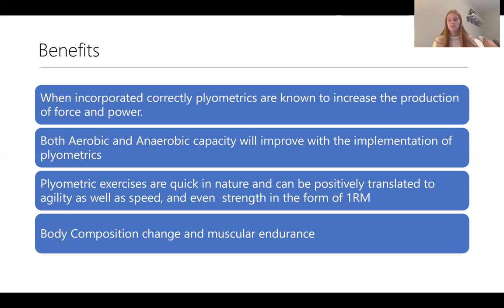However, for muscular endurance, the Journal of Musculoskeletal Research did release an article on women volleyball players, and they found that there was a positive correlation between implementing a plyometric design program for those athletes and their muscular endurance. So plyometrics can greatly improve a variety of things for an athlete, such as power, aerobic and anaerobic capacity, as well as strength and muscular endurance.